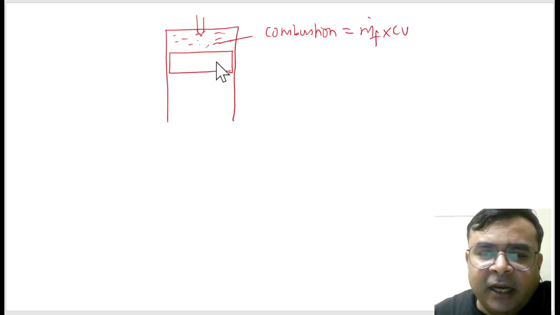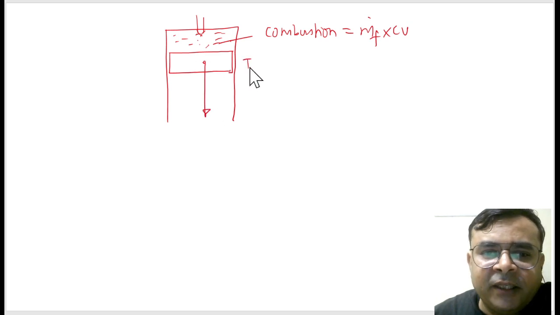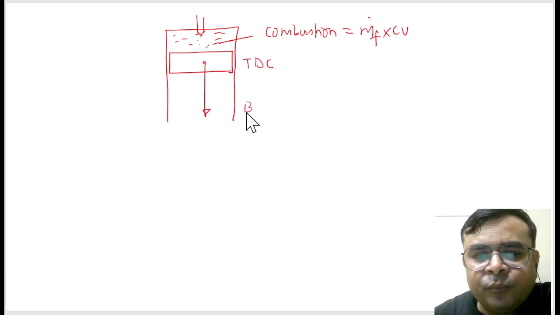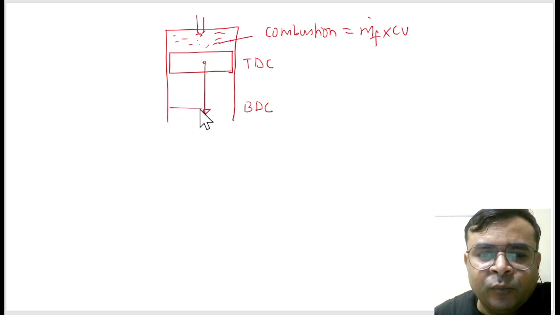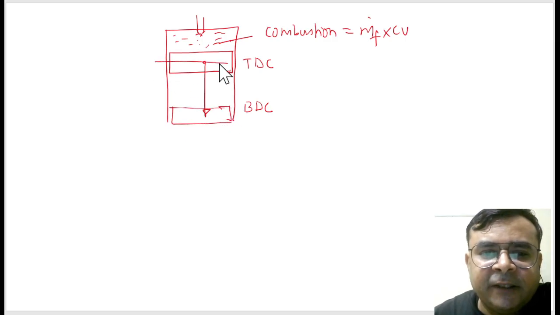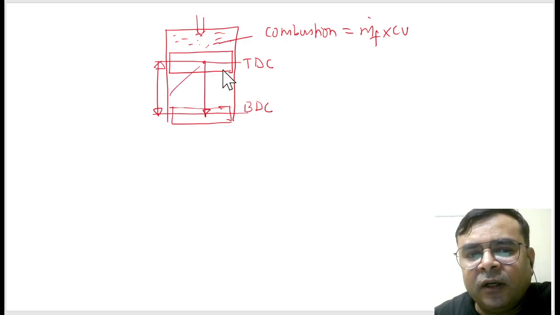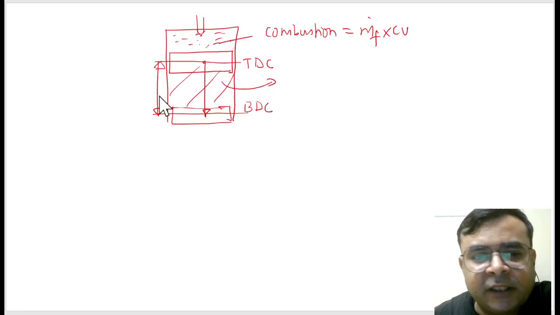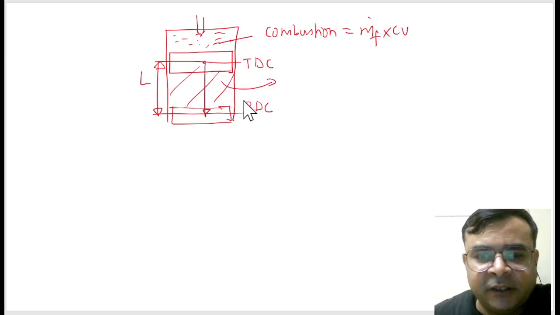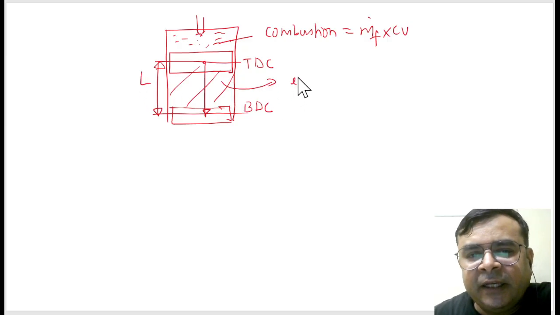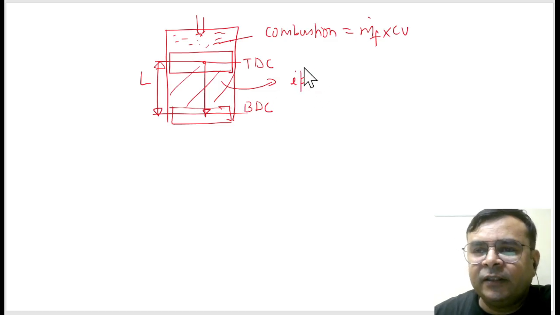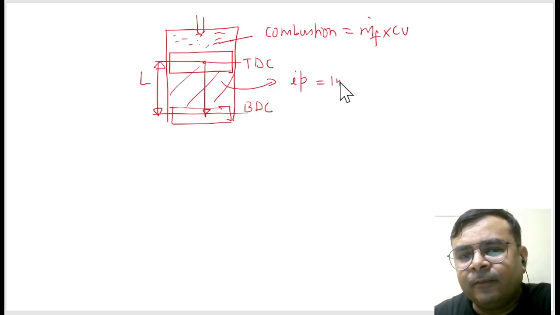Because of this combustion, the piston moves down from TDC to BDC. Whatever energy is produced by the reciprocating of this piston from TDC to BDC is called indicated power.